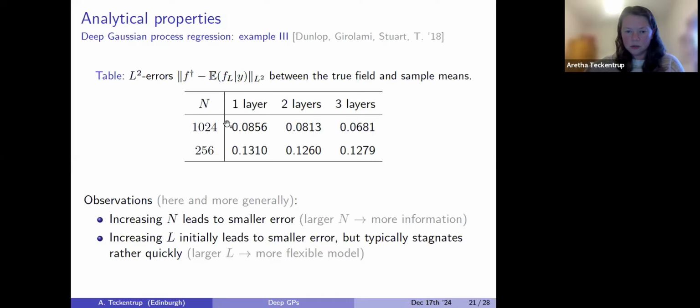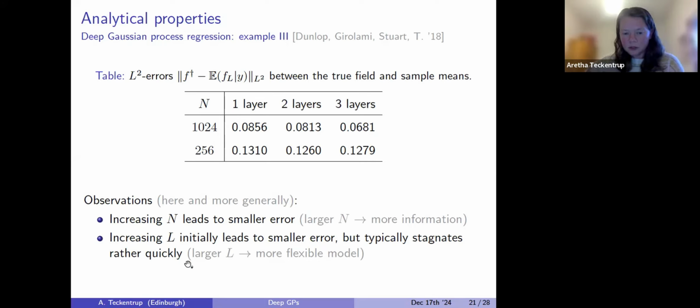You can see that here. If you have a lot of data, then having 3 layers is still beneficial, whereas if you have less data, you can already see that it stagnates at 2 layers, and having a 3rd layer doesn't really give you a lot of benefit.